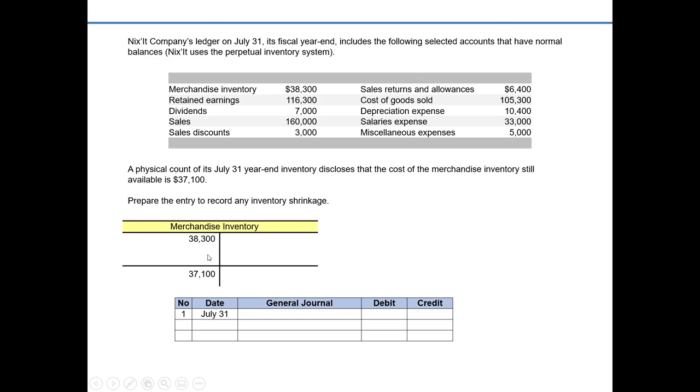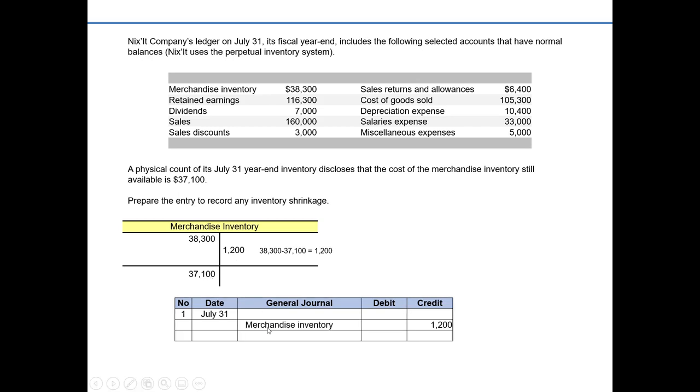How do we get it from a debit balance of 38,300 to a debit balance of 37,100? We need to credit or reduce merchandise inventory for the difference between these two values, which is $1,200. So we need to credit merchandise inventory for 1,200, again, to bring that balance down to 37,100.